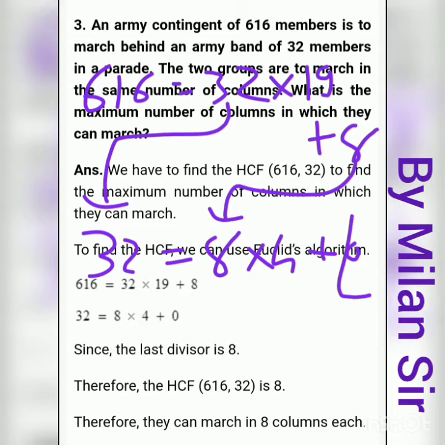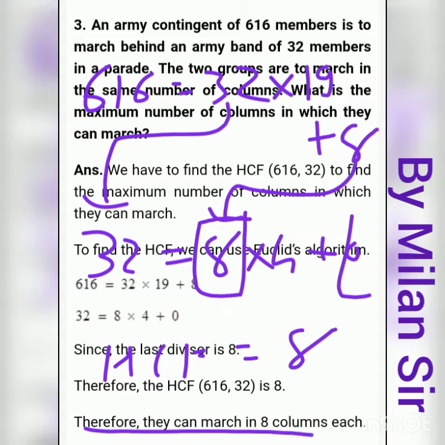So here we get the remainder 0, right? So the first number, that means this 8, is our final answer. So HCF is equal to 8, right? Therefore, they can march in 8 columns each. This is the highest number of columns. We can arrange both groups together. So our answer is 8.